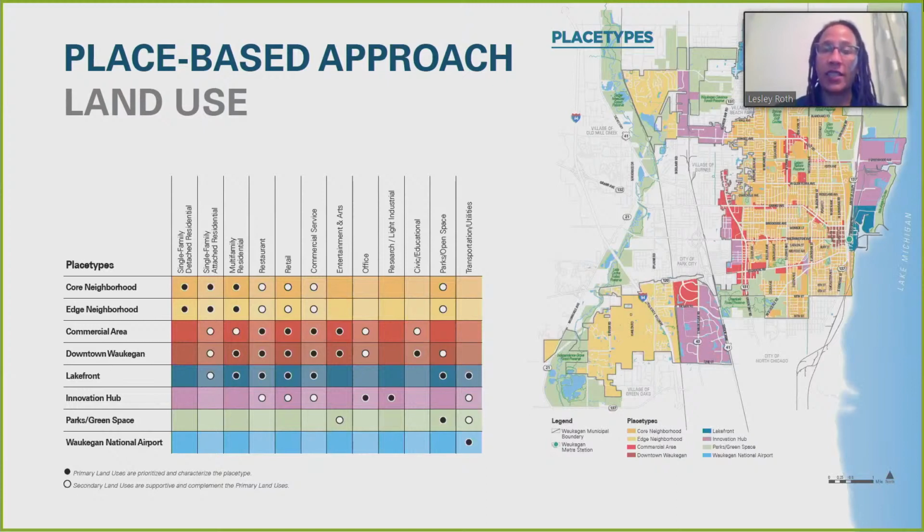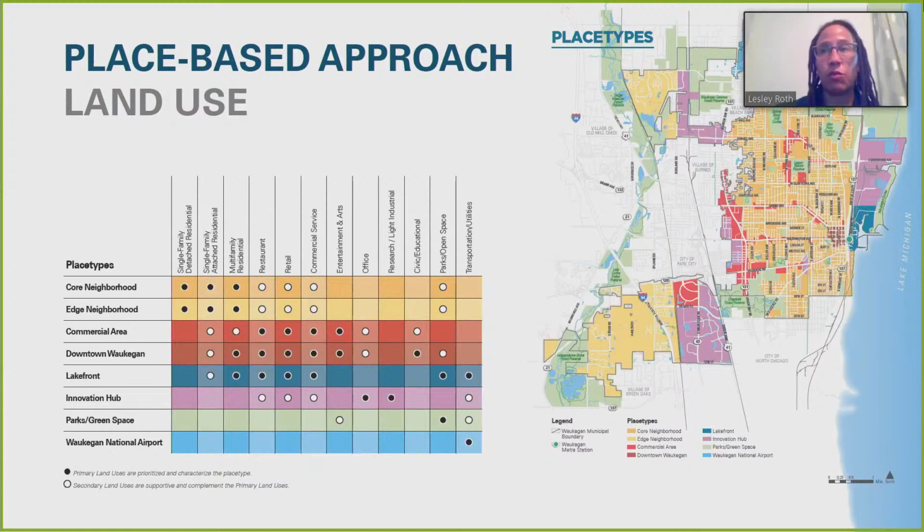We recategorized a number of these land uses into a much more simple, refined, and flexible land use framework called place types, which you see on the left side of this diagram, beginning with core neighborhood. The place-based approach actually looks at characteristics of each one of the areas as opposed to a parcel by parcel analysis of the land use in the city of Waukegan.